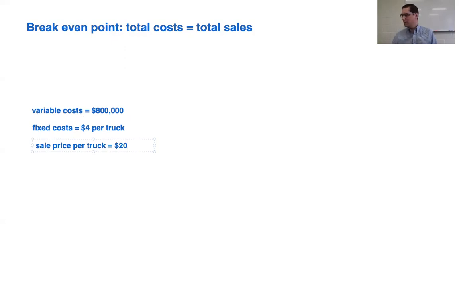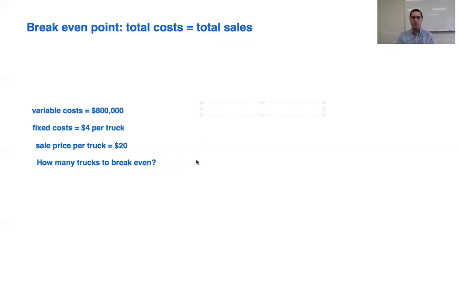So the question is, how many trucks do they need to sell for $20 each in order to break even? So how many trucks to break even? That's our question. What's the break-even point for the number of trucks? Okay, so once again, our total costs need to equal our total sales. And we're going to have to do a little bit of extra work here in a way.